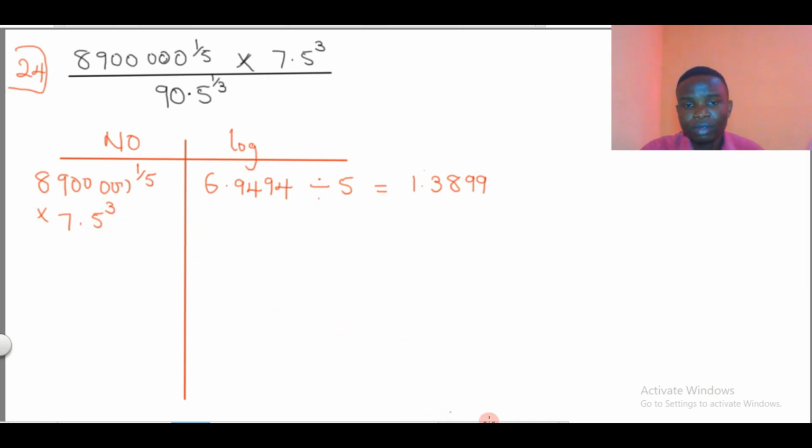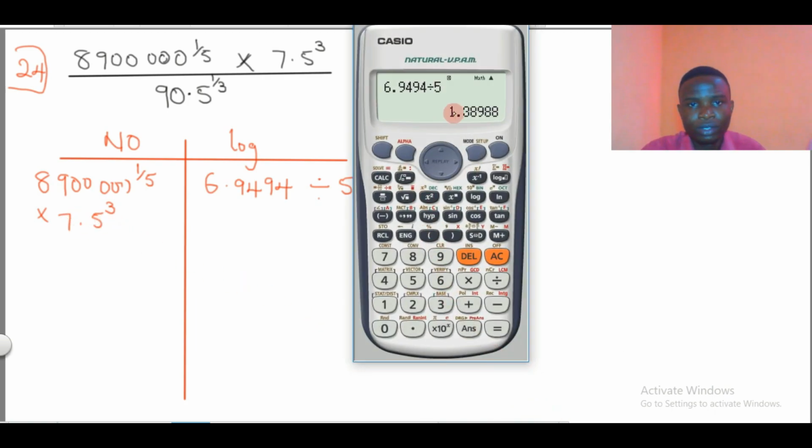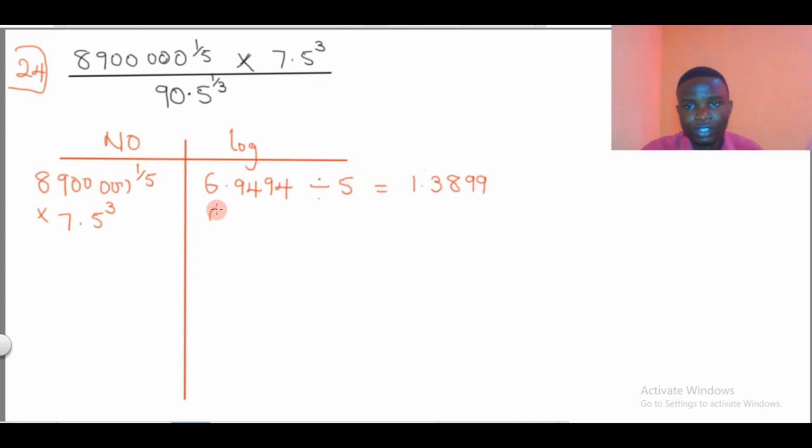I'll bring my calculator and look for the value of log 7.5. I'll press log 7.5. The value of log 7.5 is equal to 0.875. I'll approximate this and put 1 here to make it 0.8751.